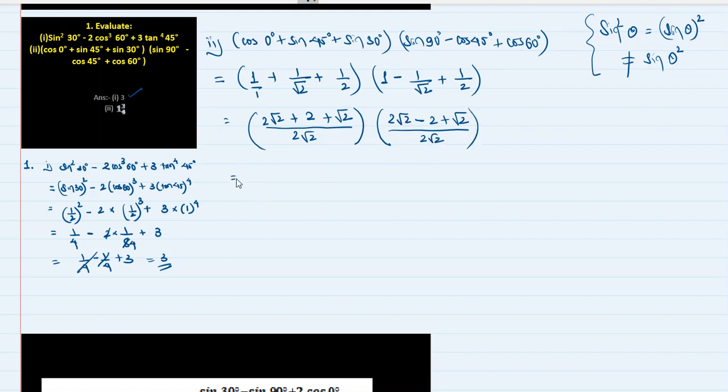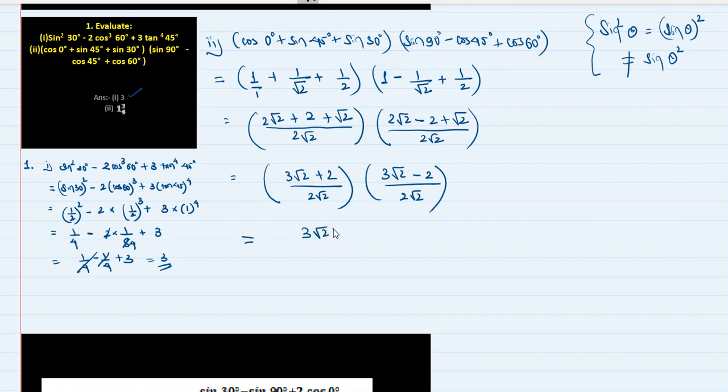Okay, let's simplify this further. We have 2 root 2 plus root 2, which is 3 root 2, plus 2 by 2 root 2. 2 root 2 plus root 2 is 3 root 2 minus 2 upon 2 root 2.